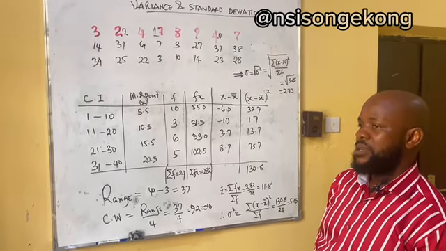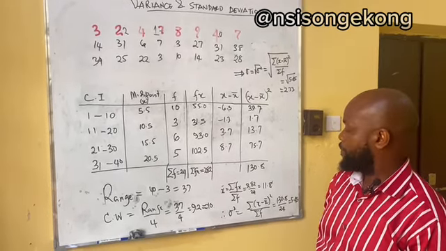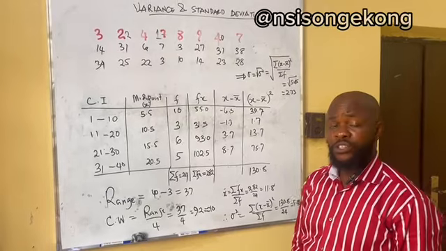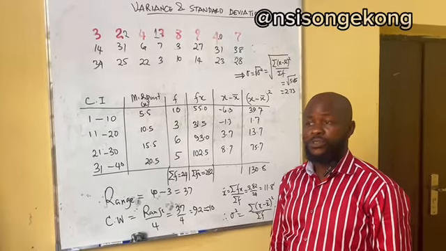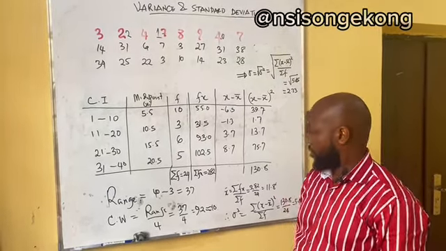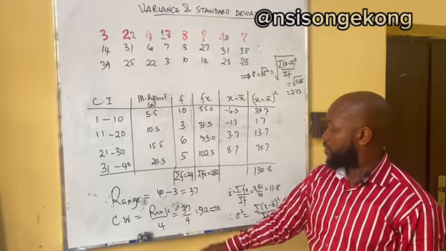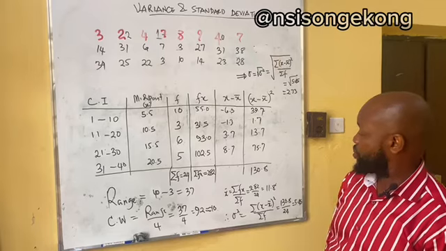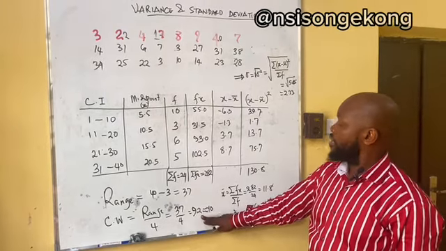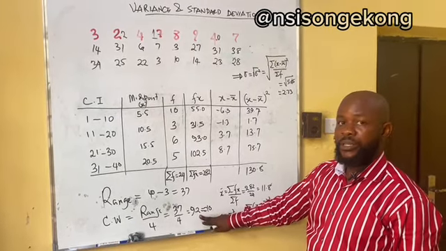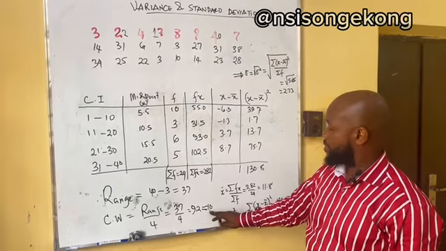So I can easily say, okay, let's take 10 per class. Another person may choose to partition the data set into 3 or more classes. So that's 37/4, the range divided by the number of classes, and that's 9.25. Here we round it up to the next higher number, and that is 10.